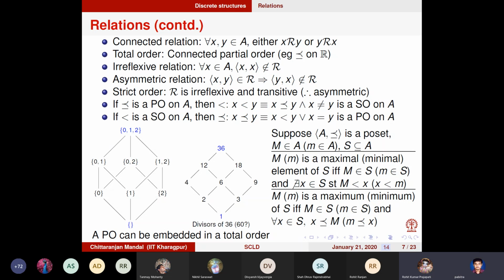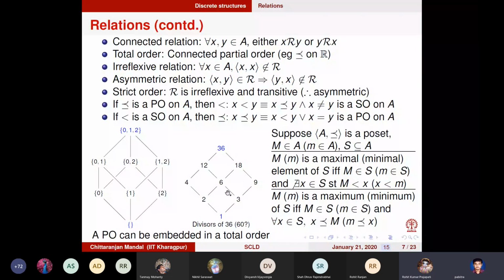Okay, so this difference you note down. This sometimes may become confusing, but we will use this definition extensively, so please try to remember it. Let me repeat once again. A maximum of a subset is that element such that all elements of that subset are less than or equal to that element.